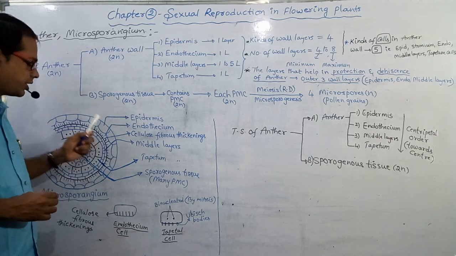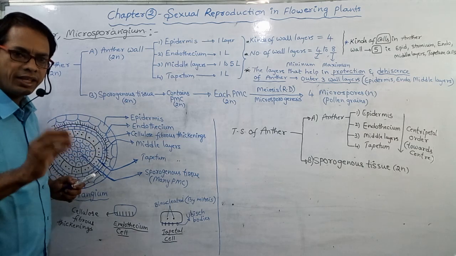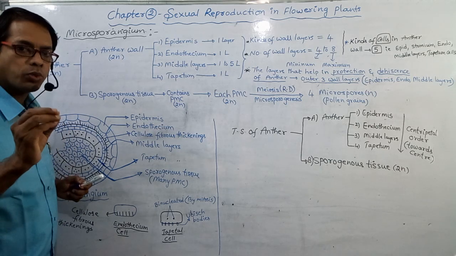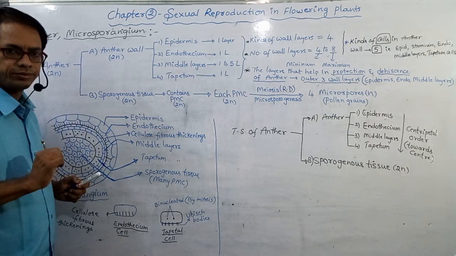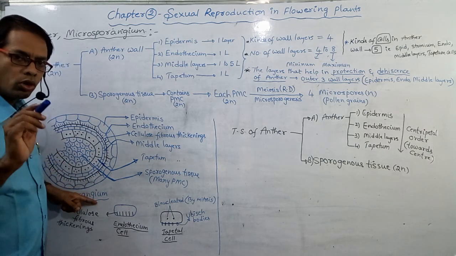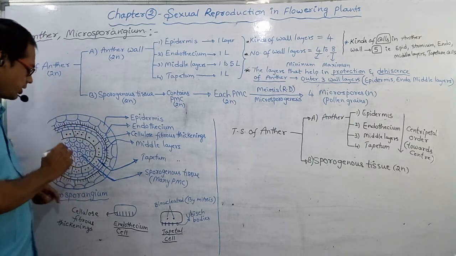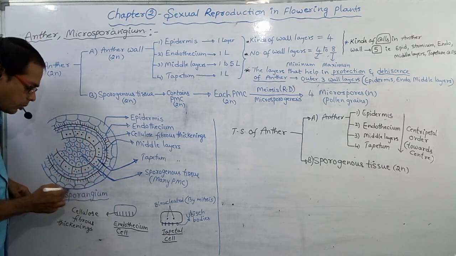Now this is one microsporangium. Dithecous stamen or dithecous anther contains number of microsporangia 4. This microsporangium is also called pollen sac, also called pollen chamber. See, this is the microsporangium.